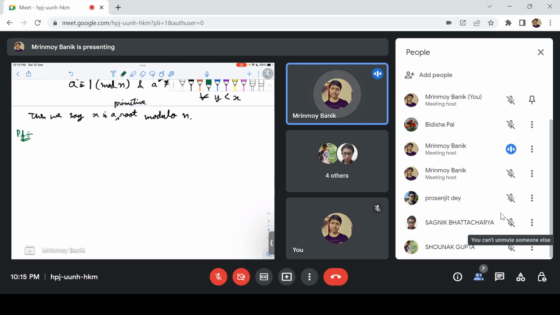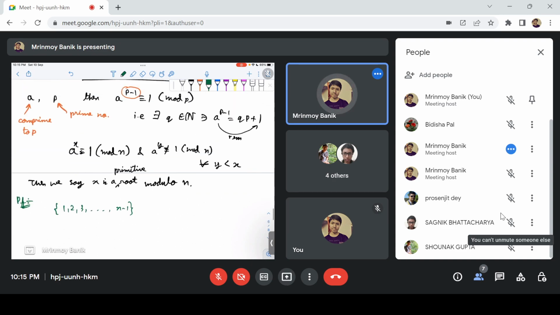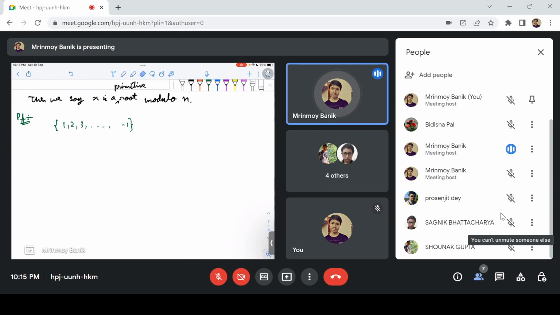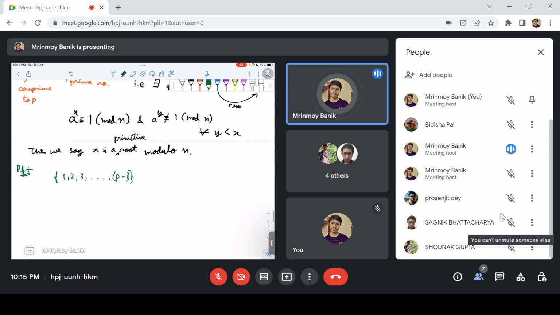So we look at this set: 1, 2, 3 up to p minus 1. Sorry, I used n for that example. So p is this prime, and we want to show a power p minus 1 is congruent to 1 mod p.